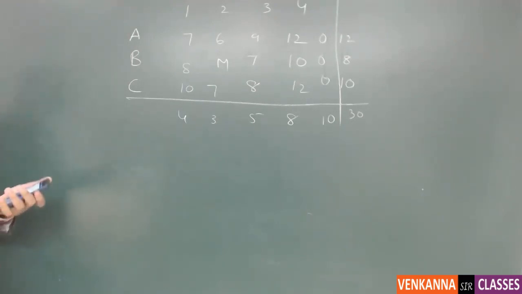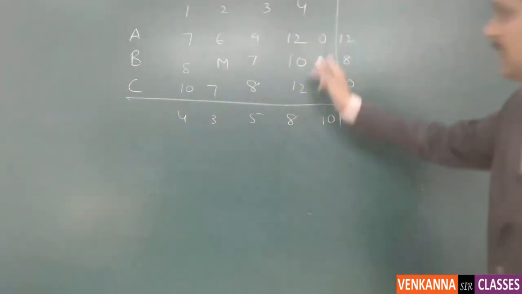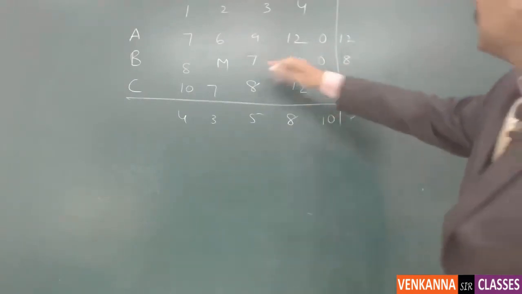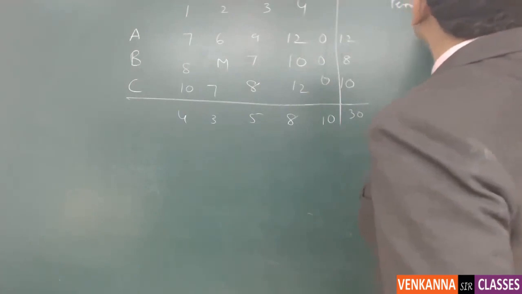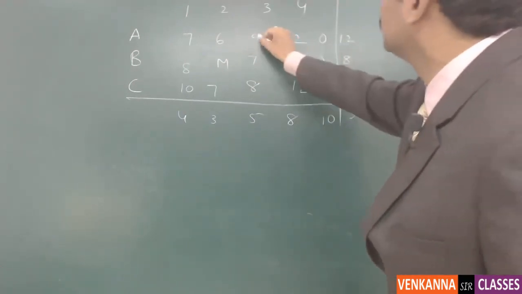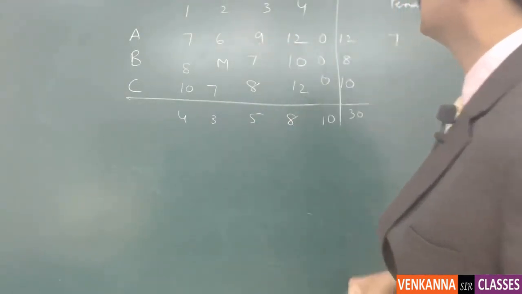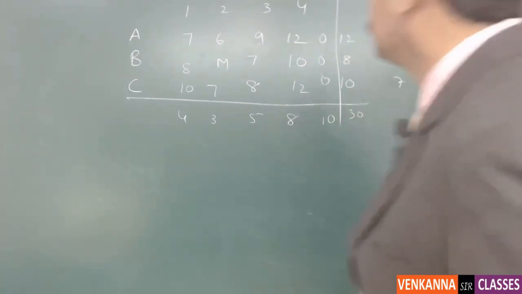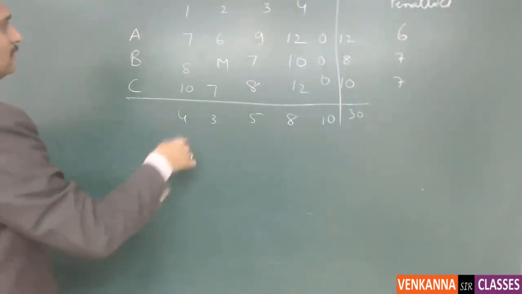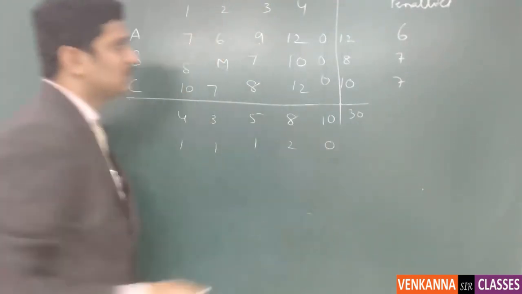Right? So let us calculate the penalties there for each row as well as column. So taking the smallest, difference between the smallest here, if you go for the penalties, here the penalty is 6, here the penalty is 7, here the penalty is 7, here the penalty is 1, here the penalty is 1, here the penalty is 1, here it is 2, here it is 0.